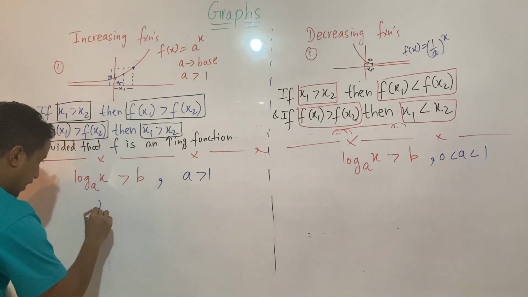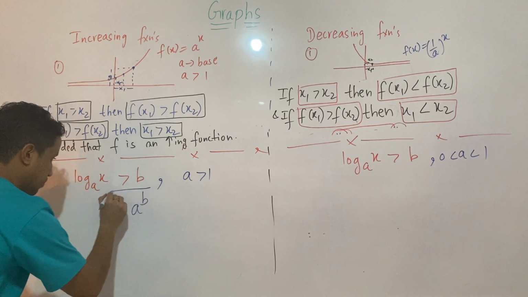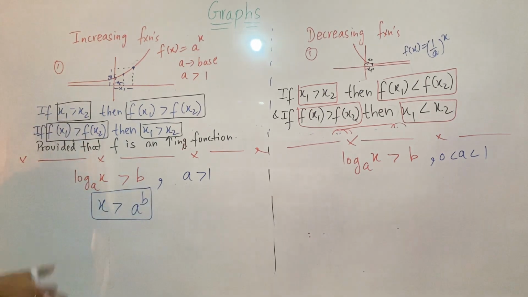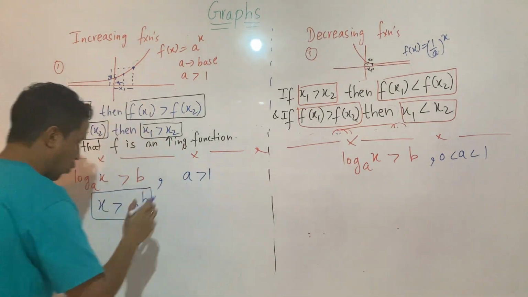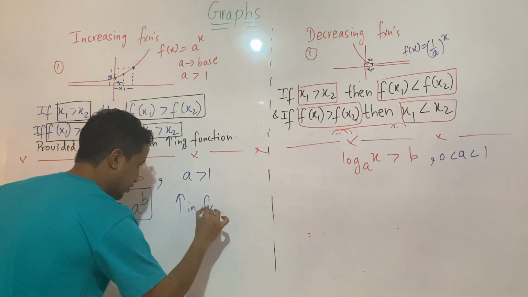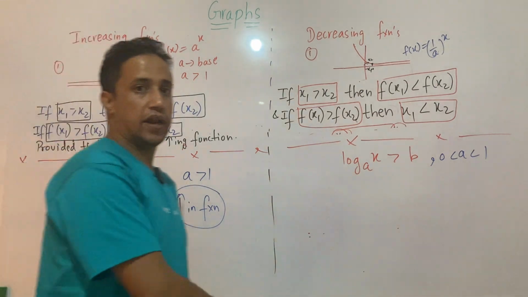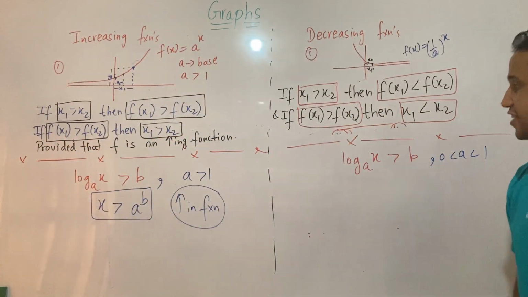It's going to be x greater than a raised to power b. Why? Because a is greater than 1. This is an increasing function, so the sign of inequality remains the same.